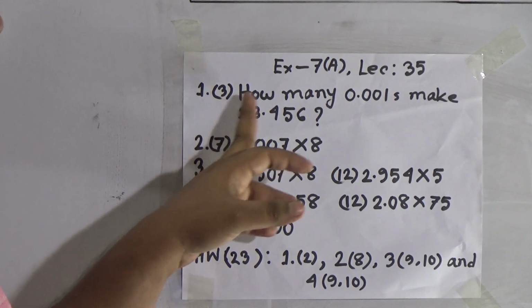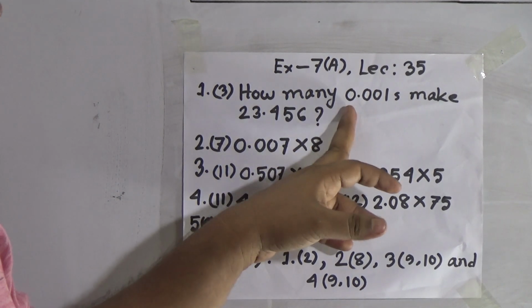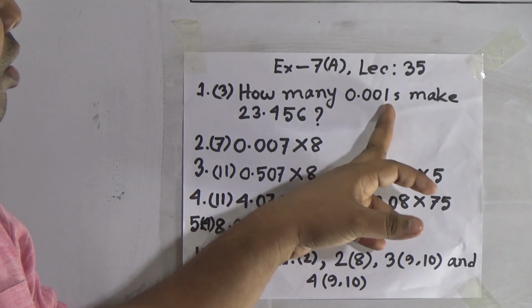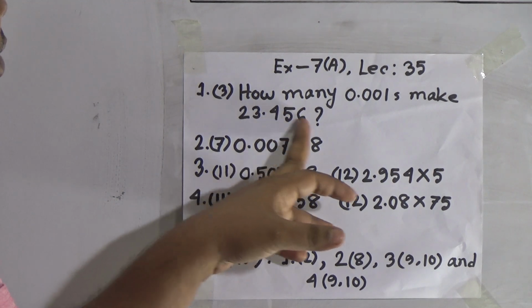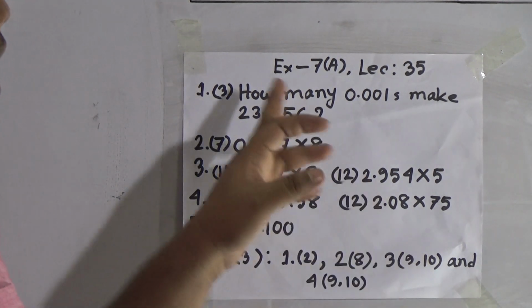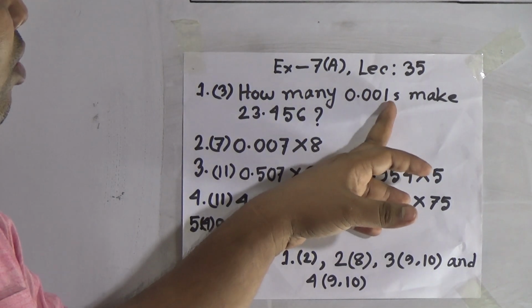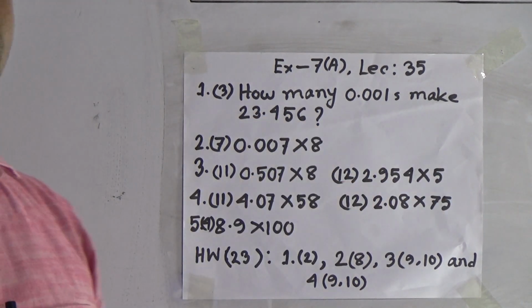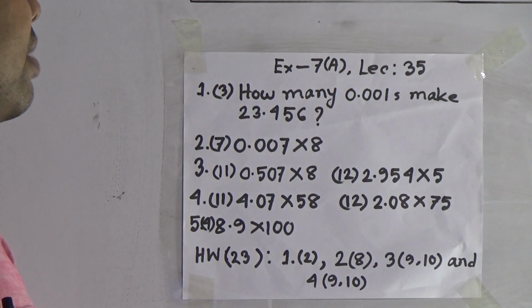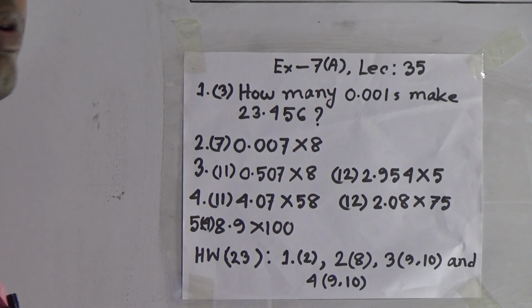The question is, how many 0.001 is make 23.456. I repeat, how many 0.001 is make 23.456. My dear student, before starting to solve this math, I shall give you an example.